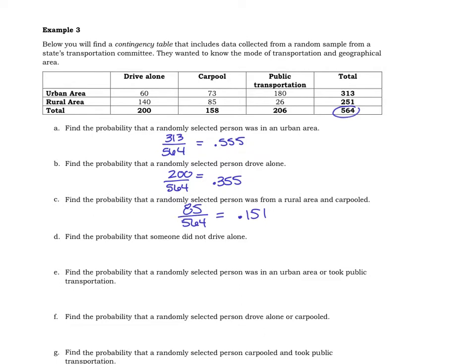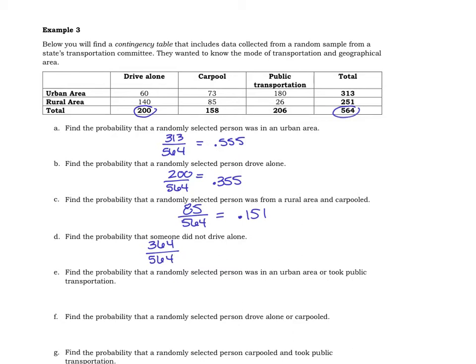Find the probability someone did not drive alone. Okay, they did not drive alone. So you have two options here. You can look at, there's 200 people that drove alone and there's 564 people total surveyed. So you can subtract 564 minus 200 to find out there were 364 people that carpooled or used public transportation.